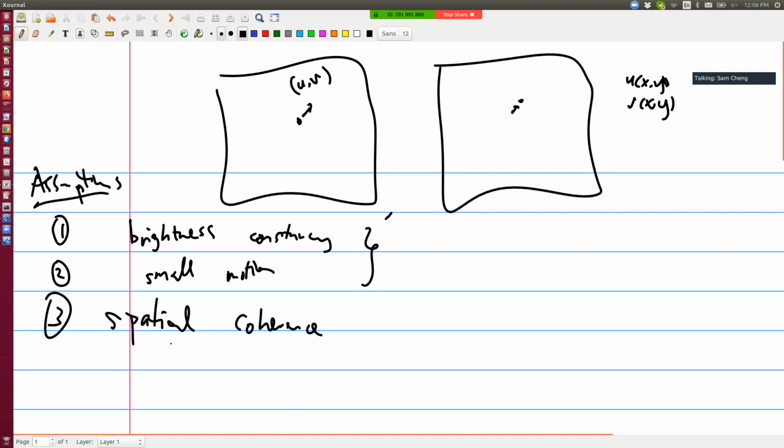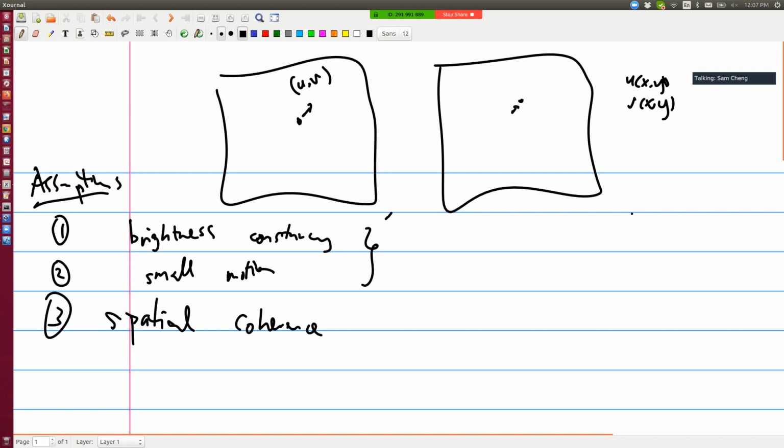For the algorithm's sake, is it constancy of a particular pixel or the neighborhood? It's all pixels, basically. Each of the pixels can move around, and for all of the pixels I assume that from here to here, the brightness, or intensity, doesn't change, or doesn't change much.